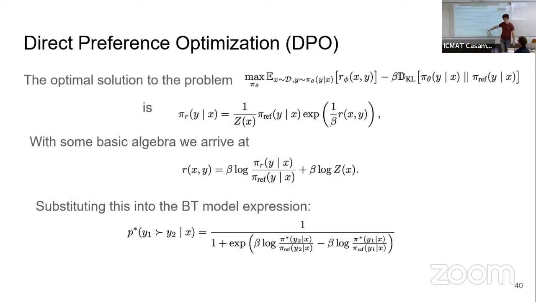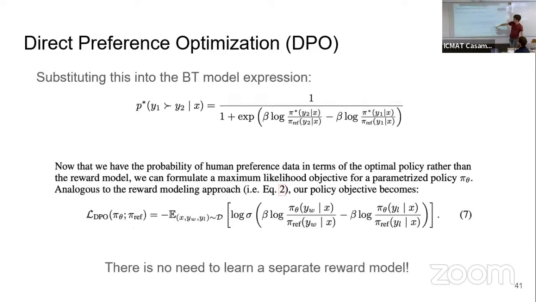Now notice that we have an expression that doesn't depend on the reward. You only need the preference data. We still need preference data, but now there is no reward. So we can optimize this directly by taking the log-likelihood, and this is direct preference optimization, which directly optimizes on the data, but you don't need a separate reward model, okay?